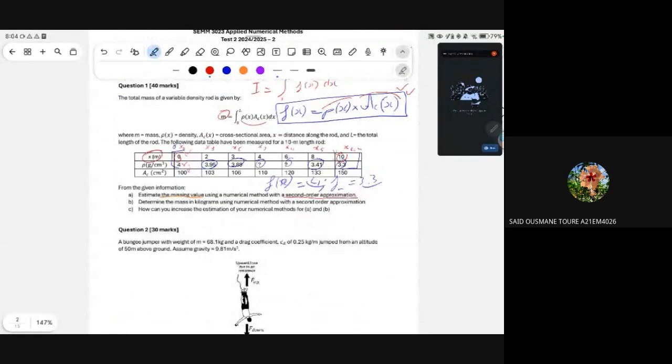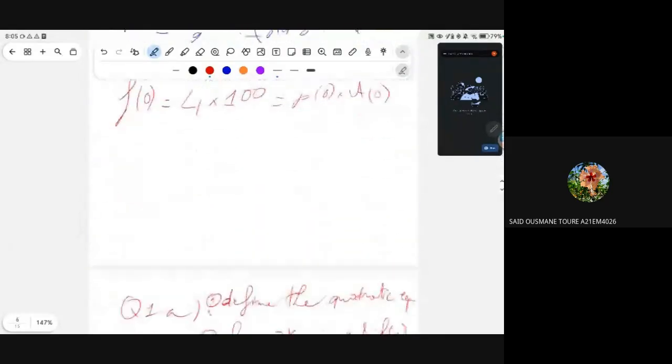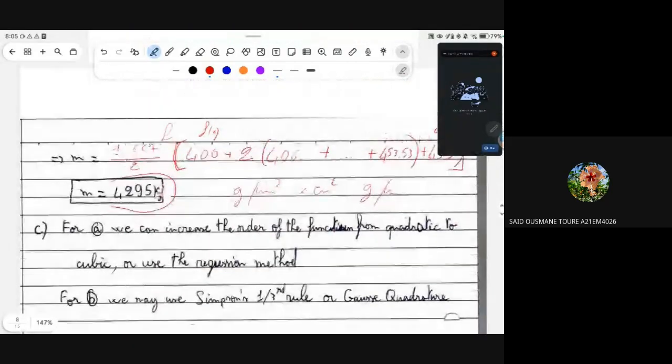So you have gram and centimeter. From gram to kilogram, you need to multiply by 10 to the power of minus 3. From centimeter to meter, you need to multiply by 10 to the power of minus 2.